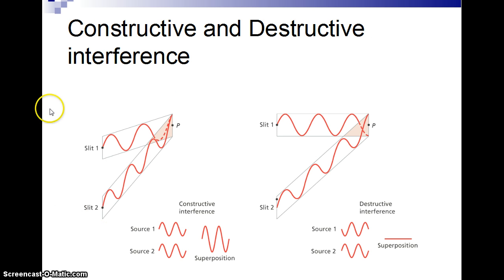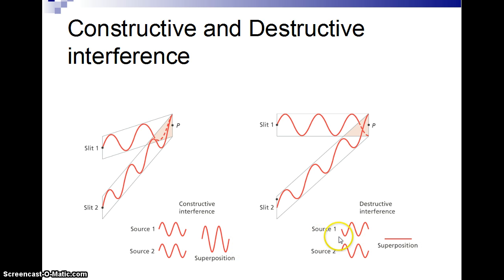We have these two slits, and there's a wave going to some point P at different points in space. So we have the two sources. If their waves line up, the superposition of those two waves, the addition of those two waves, gives you a bigger wave.